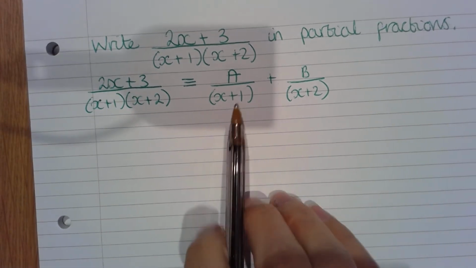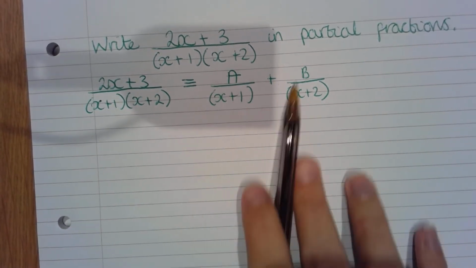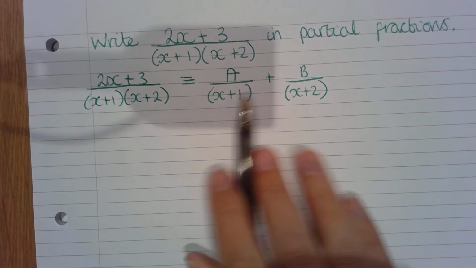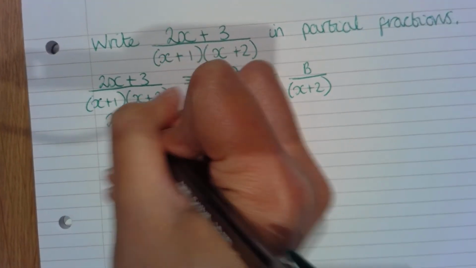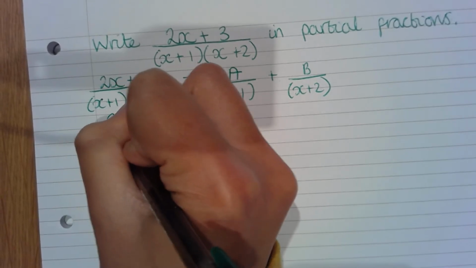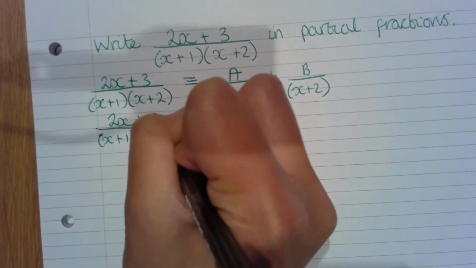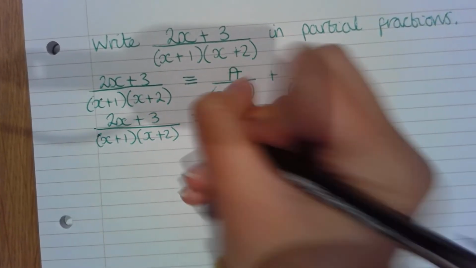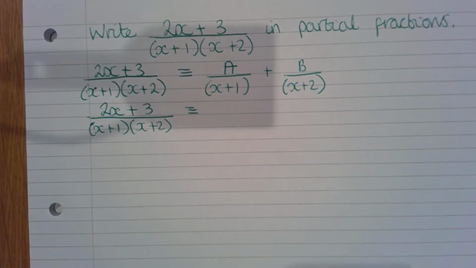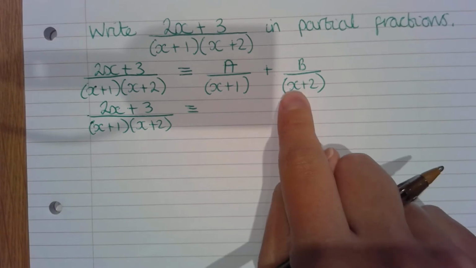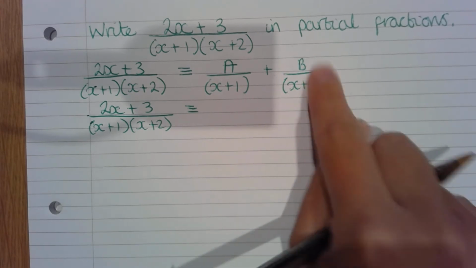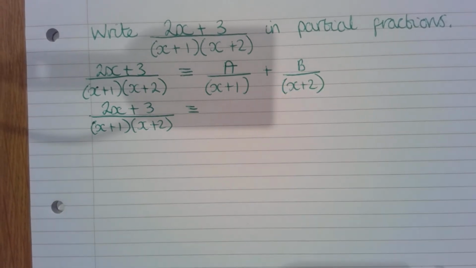So what we're going to do, like normal addition of algebraic fractions, is make our denominators the same. On the left hand side, we've got exactly the same: our denominator is (x + 1)(x + 2), identity symbol. And we're going to make these denominators the same. So we need to multiply this fraction by (x + 2) over (x + 2), and this fraction by (x + 1) over (x + 1).